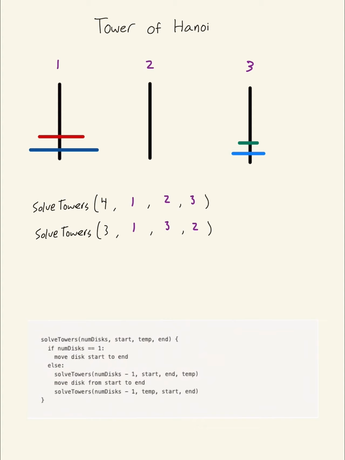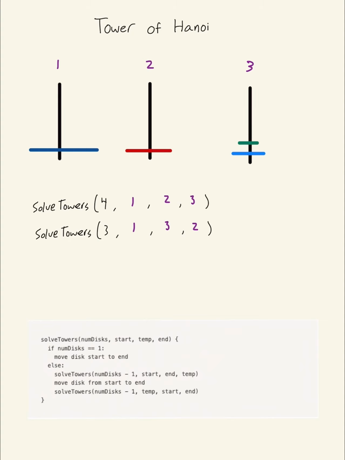Move disk from start to the end, okay? So the start is 1 and the end is 2. So now we finally cleared the room, right, to move this one here. Okay, great. And now it's the subproblem of how do we move these two back over here.